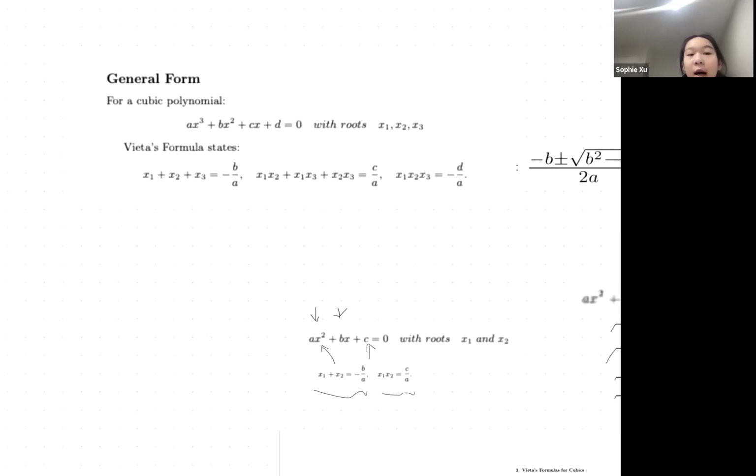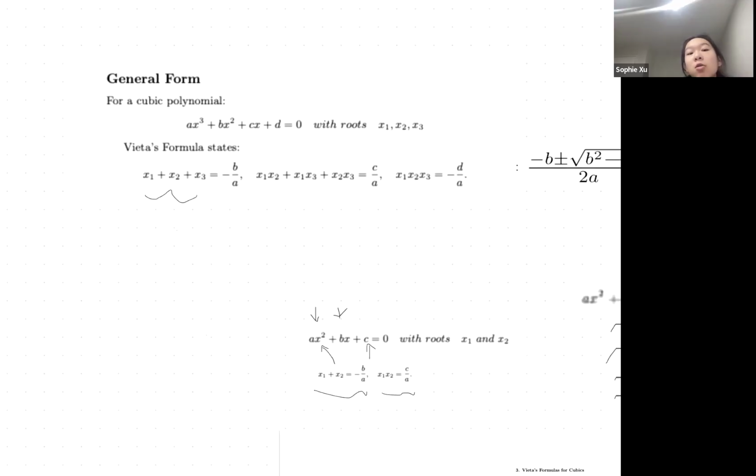So the sum of the 3 roots is negative b over a again. But this time it's not the product of the 3 roots that's c over a. It's the sum of the product of every combination of 2 roots, right? It's not just x1 x2 plus x2 x3.